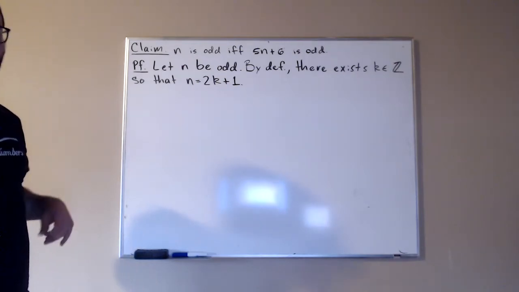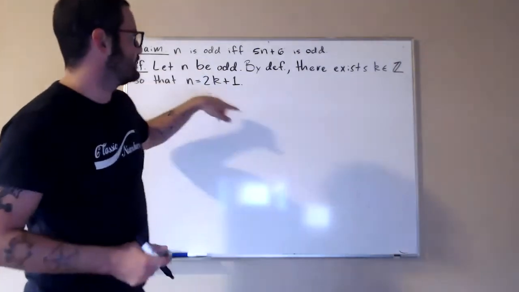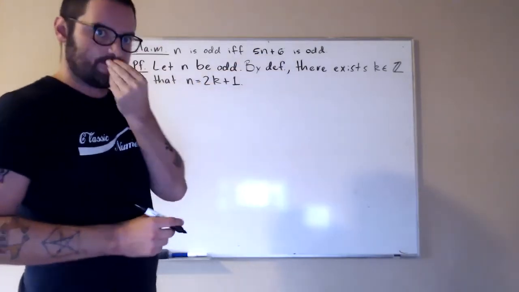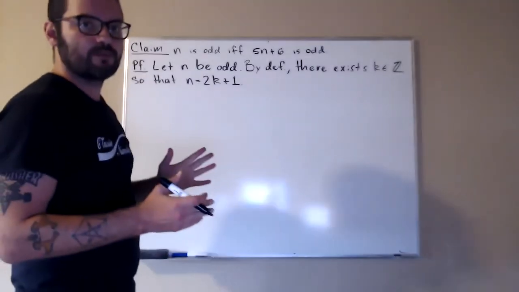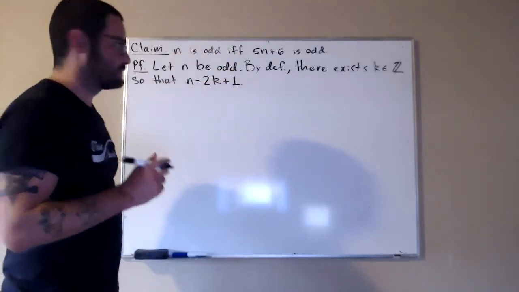Okay, now that we've used our definition, we have information about n, and we should look at the conclusion 5n plus 6 now. Again, recall we're trying to prove if n is odd, then 5n plus 6 is odd first.